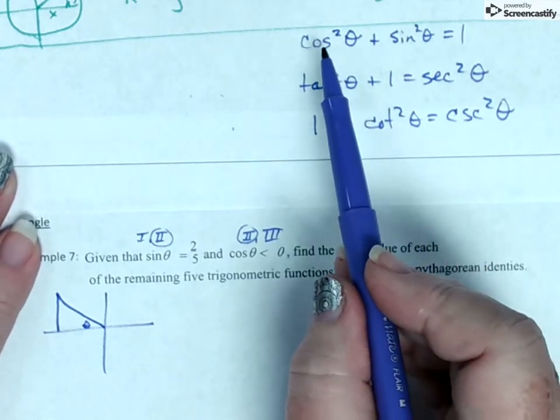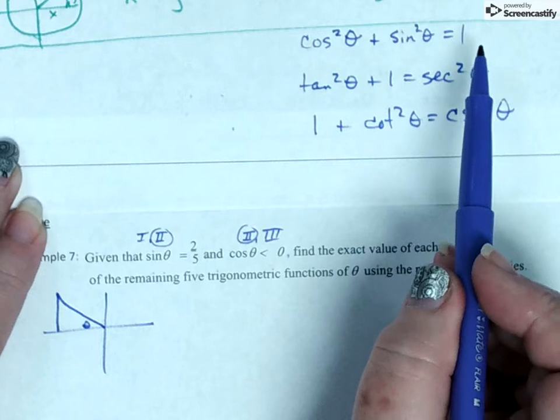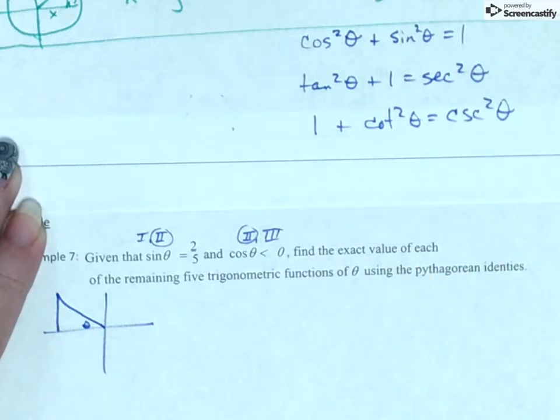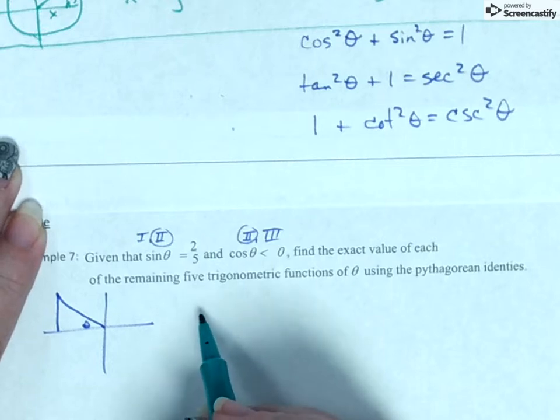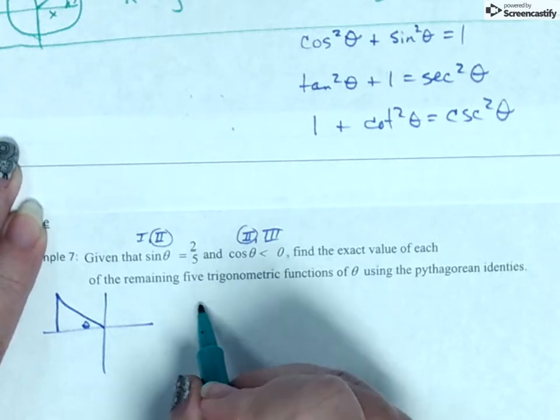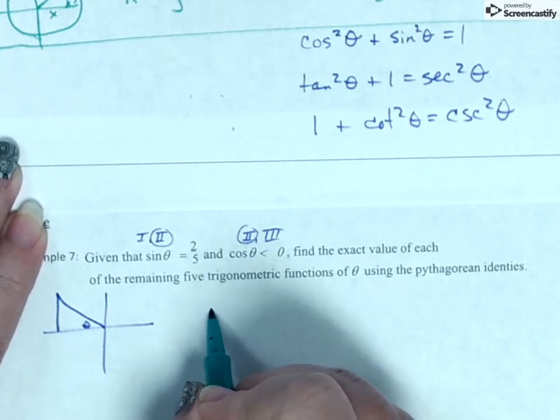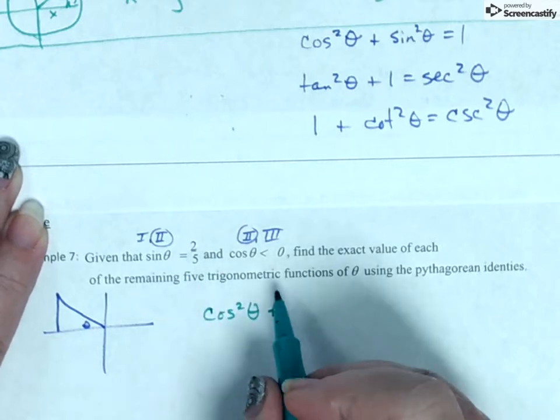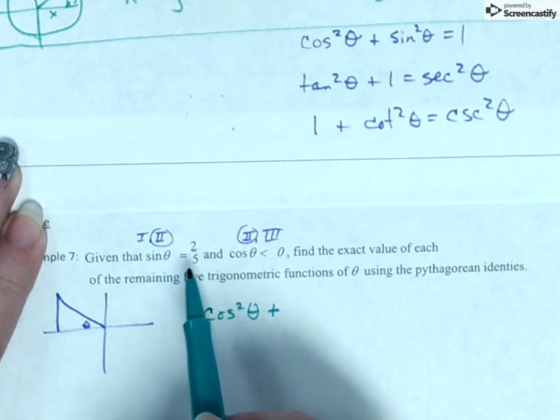I could use cosine squared plus sine squared equals 1 and solve this problem. Now, you may not like this method and you don't have to use it, but you do need to know that it works. So let's take cosine squared theta, which we don't know yet, plus sine squared theta. Well, we know what sine theta is. Isn't sine theta 2/5?